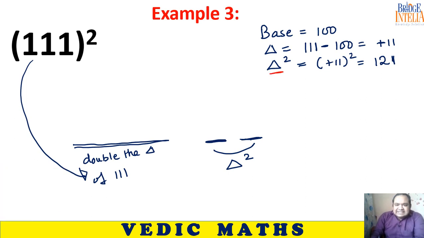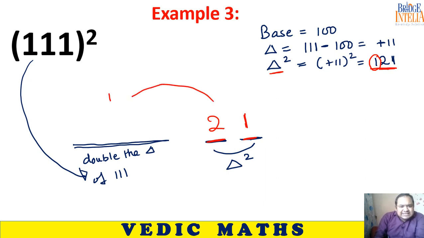Delta square is equal to 121, but the problem is there are only two blank spaces, so I can write only two digits. I will write 2 1 here, and this extra 1 gets carried forward to the first blank space.